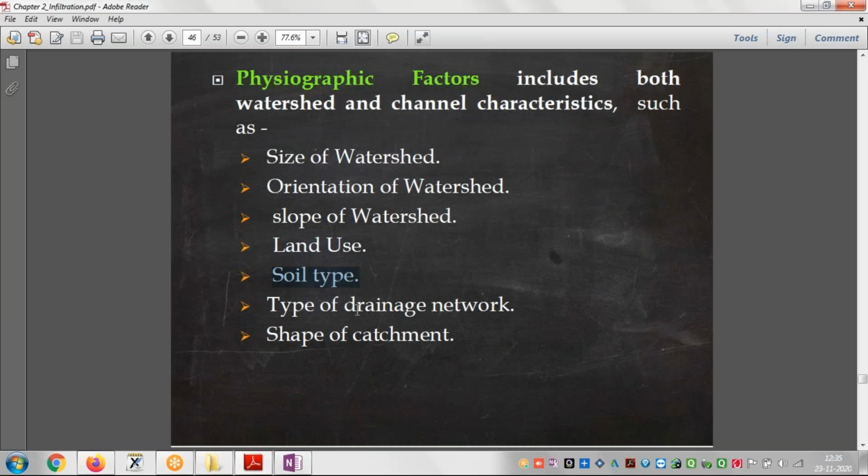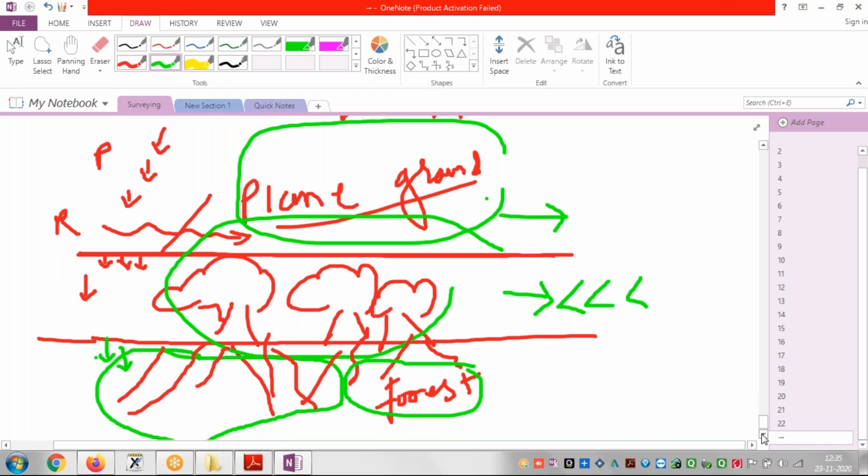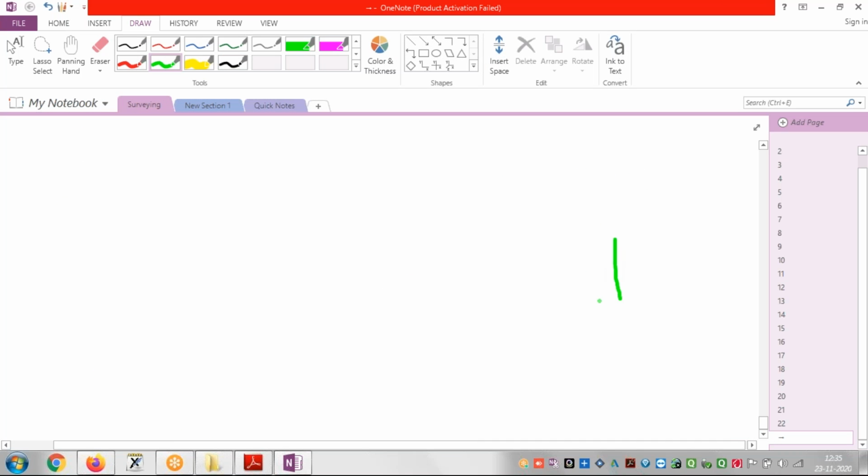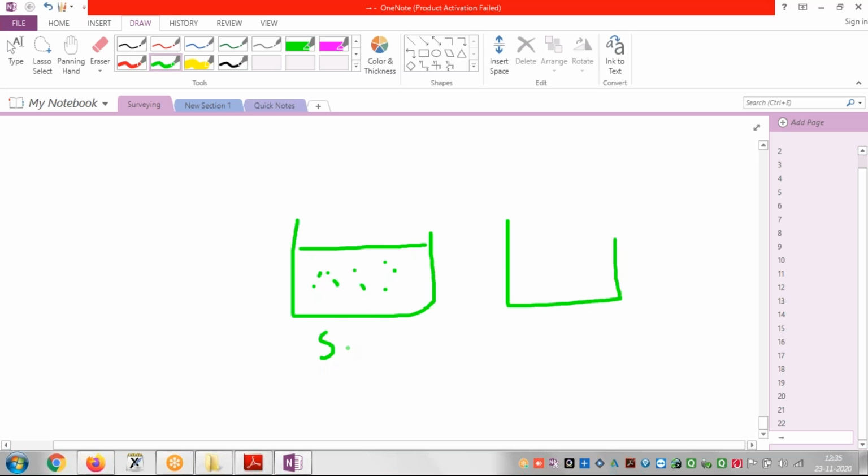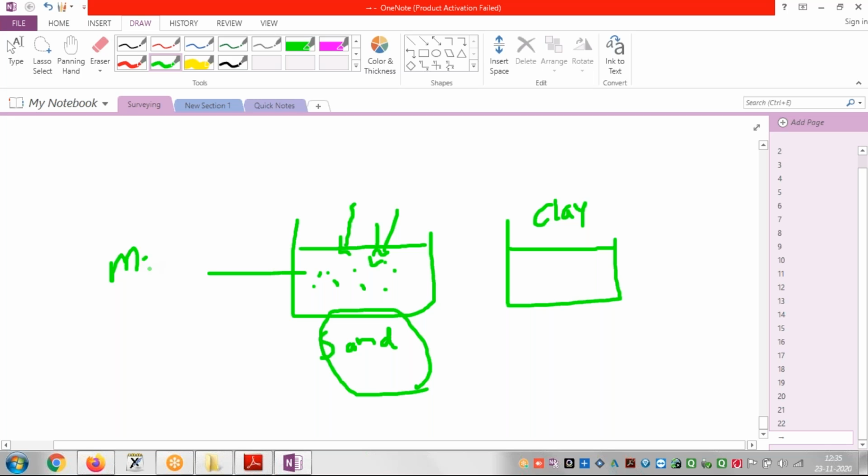So this is the meaning of land use. Now next is soil type. Obviously, if the soil is very good, like, suppose there are two types of soil, right? First is sand, and second is another type of soil, say clay. You might have seen that once water goes into the sand, it continuously absorbs the water.